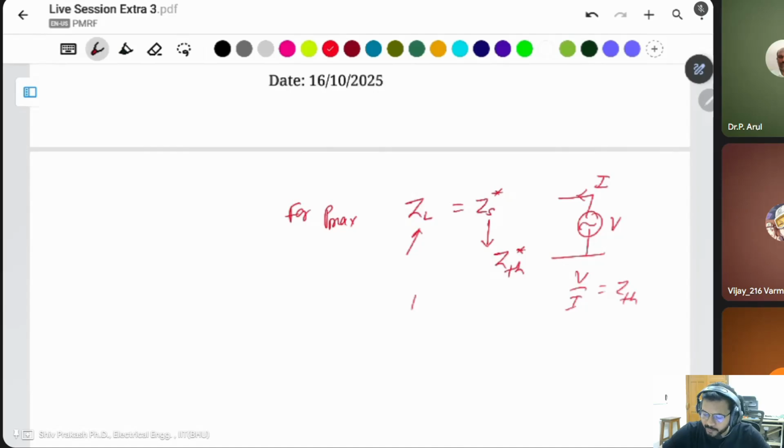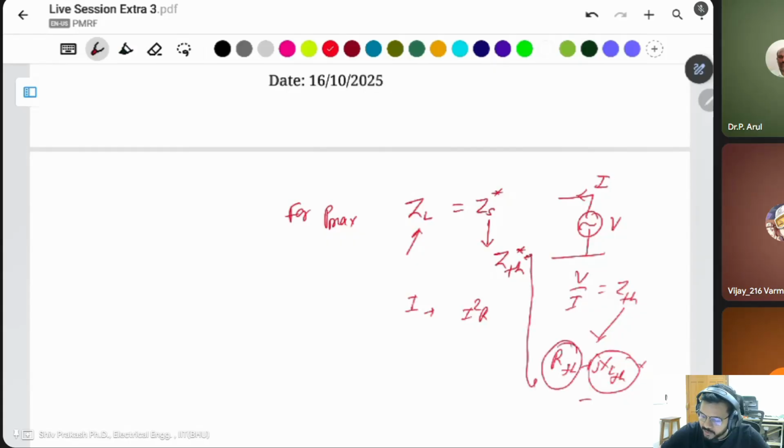Then find the current. After that we have to find I squared R. In this ZTH, which is RTH plus jXTH, the imaginary part will be cancelled out by using the conjugate. Only the resistance is there. Then you simply find the current and then find the power, I squared R, in the RL term.